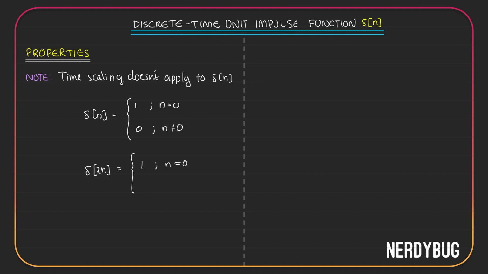If you give any other value, for example, let's say you took n equals 1, you will get delta of 2. But at 2, the impulse function doesn't have anything, so you will get 0. So whatever other value you give, you will get 0. So 0 at n not equal to 0. So what we just proved is that its position is still at n equal to 0.